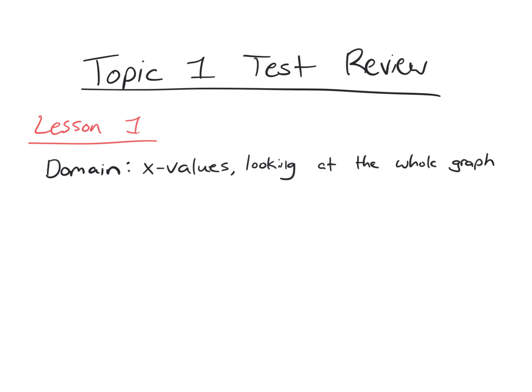Another thing I want to point out with domain: usually I talk about lowest x value, lowest x to highest x. In other terms, that's left to right, because remember, domain is x values which go left to right.